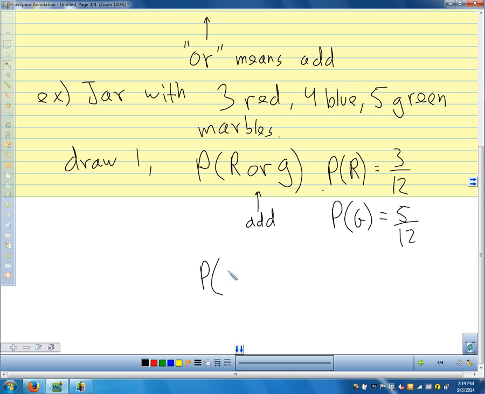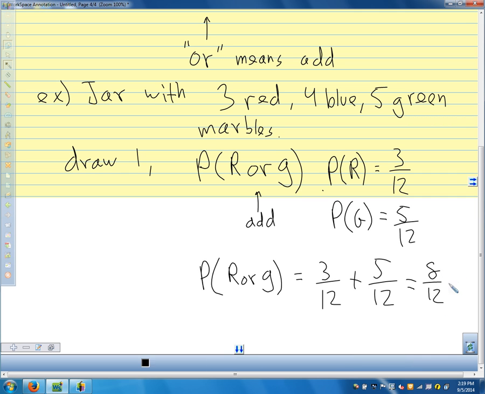So the probability of red or green is 3 out of 12 plus, or means add, 5 out of 12. We add those together and we get 8 out of 12, and we reduce that to 2/3. After one step, we get 2/3.